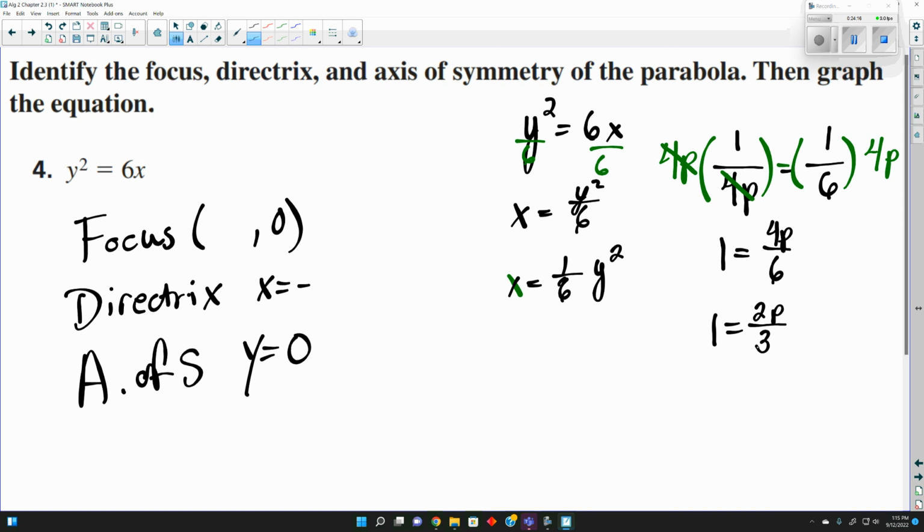Now we need to solve at this point. So what can we do to get p by itself? We can divide by 2/3, yes? Or what we can do is I can multiply by 3/2. Because whenever we have this fraction, we can flip it and multiply.